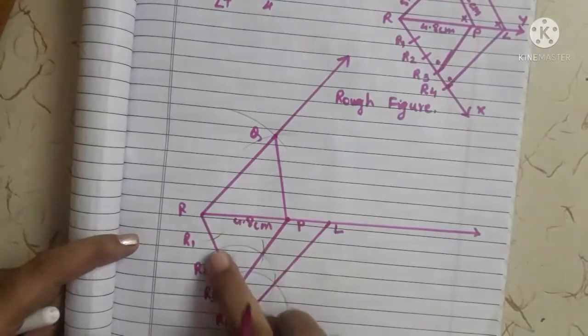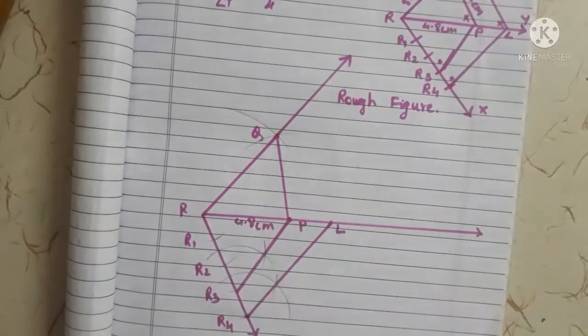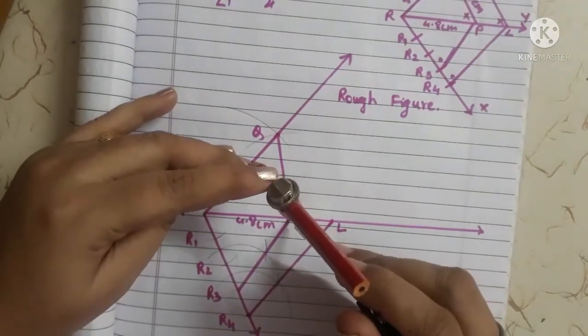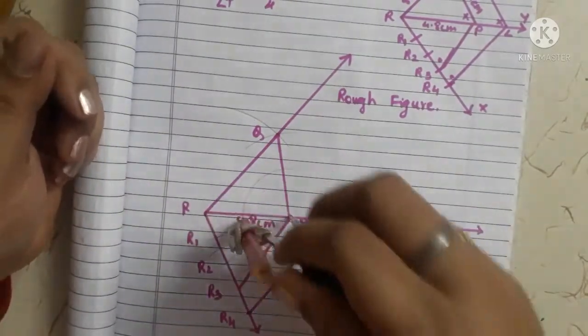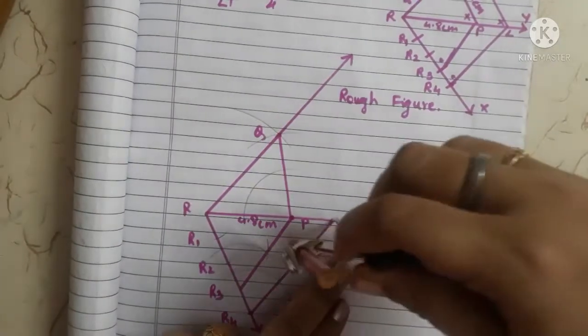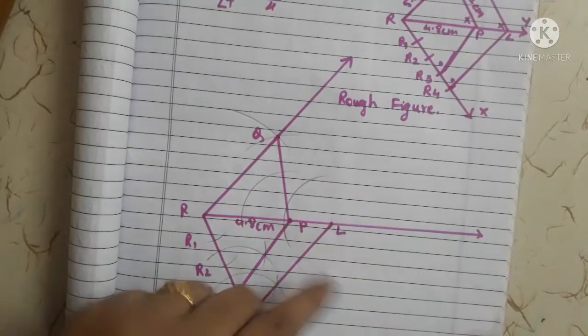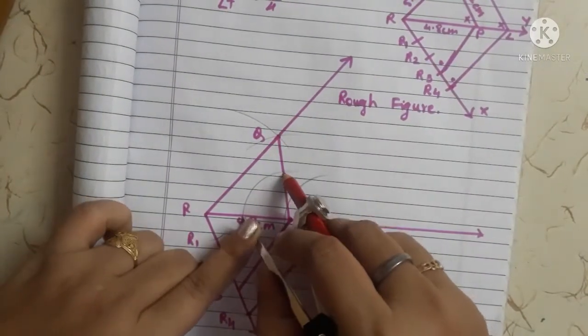So the step which you have done here, you have to repeat it here. Just see how to do that. Keep here, you can take any measurement, draw one arc from P. Now don't move the compass, keep it on L and again draw one arc. It should cut this line. Now measure the distance between the two arms of the angle.